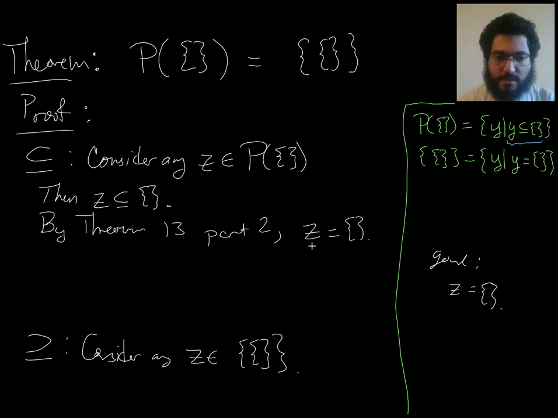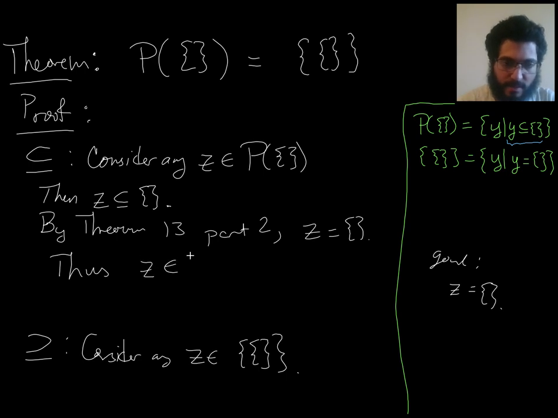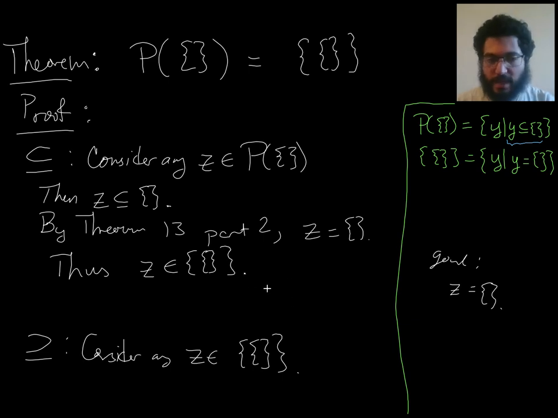Great. And why was that my goal? Well, that's because Axiom 5 told me that that's what is needed to get z to be an element of this singleton. So thus z is an element of this. And notice I'm not saying by Axiom 5 anymore. I could have said it here.